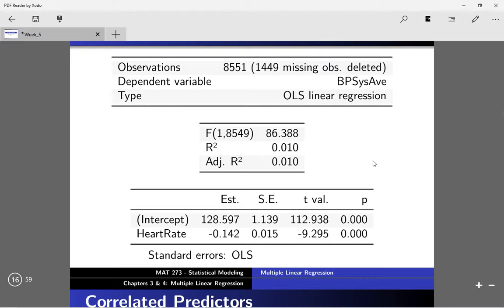And again, this is not surprising. We saw a negative relationship on the scatter plot, so the slope between heart rate and systolic blood pressure is also negative. And again, the p-value being less than 0.05, or very close to 0, is indicating that this linear relationship is statistically significant.